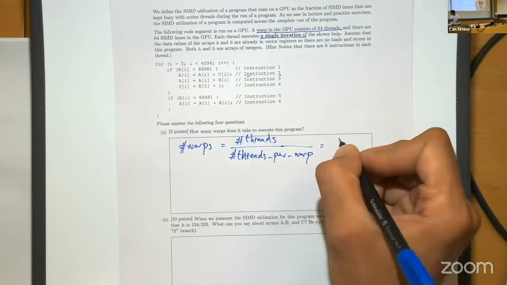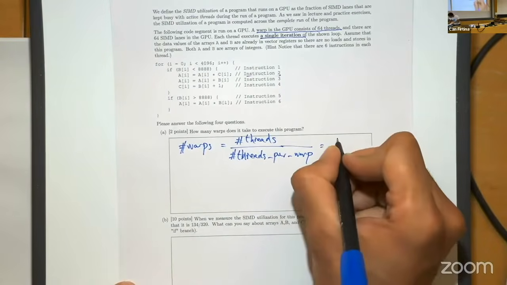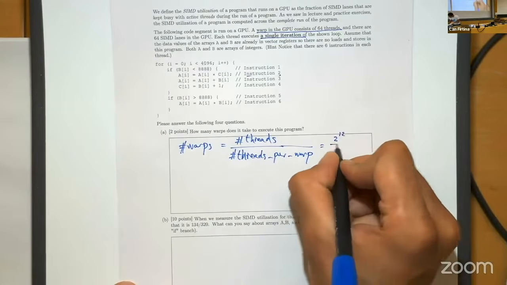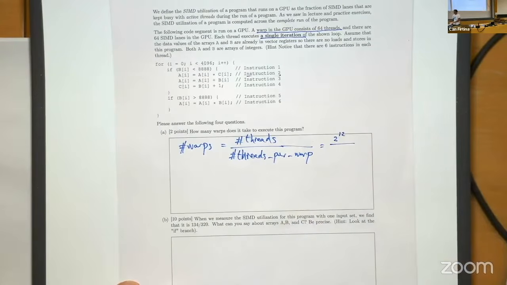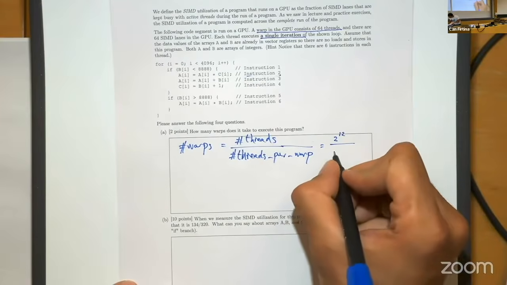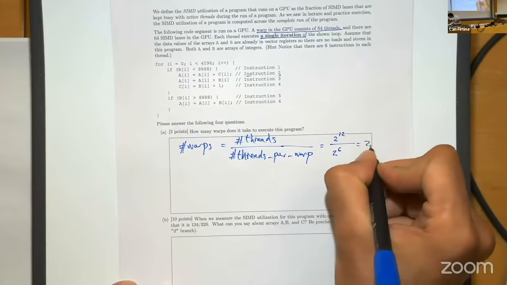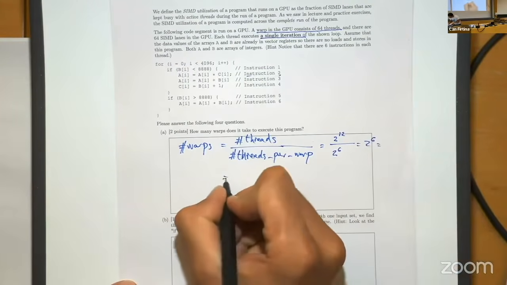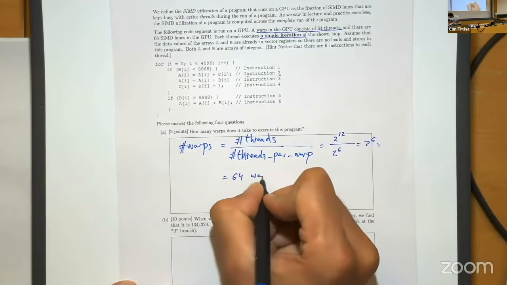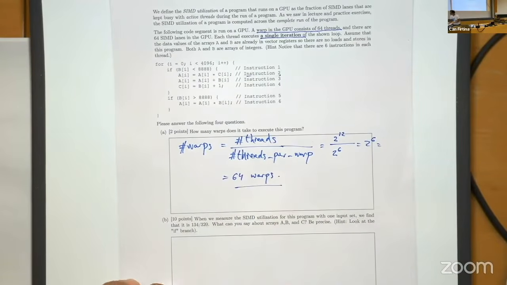So 4096 is 2 to the 12. 64 is the number of threads per warp, that's 2 to the 6. So this means that the result is 2 to the 6. So in total, we need 64 warps to execute this code.